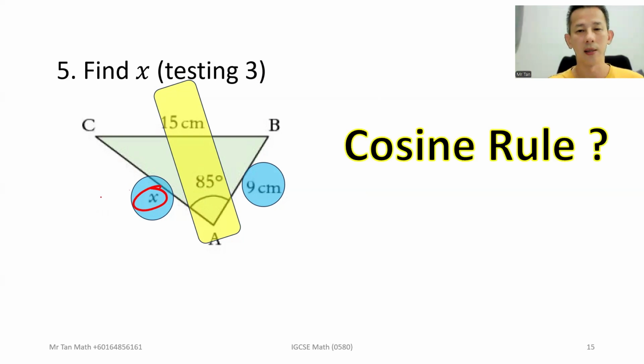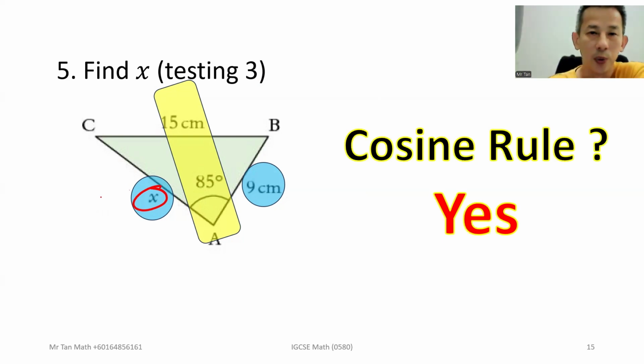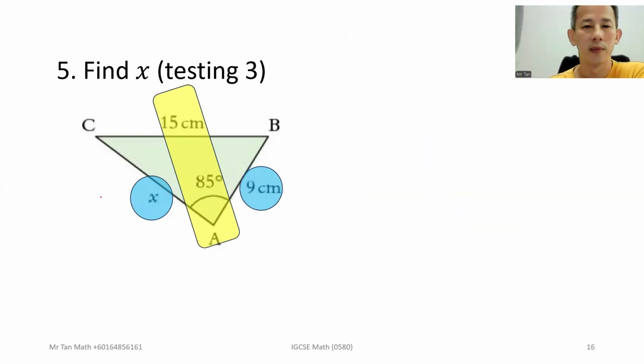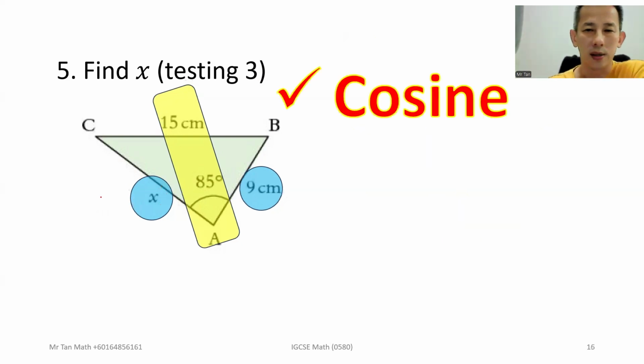And the answer is yes. However, if you want to make the calculation easier, you can use the sine rule. Okay, let's try with cosine.